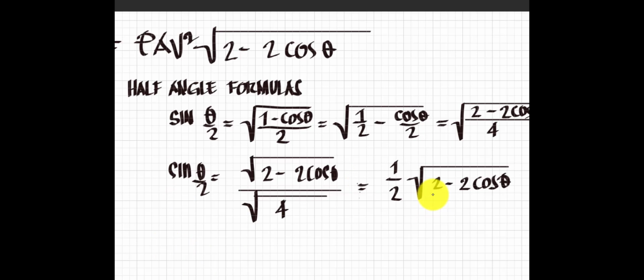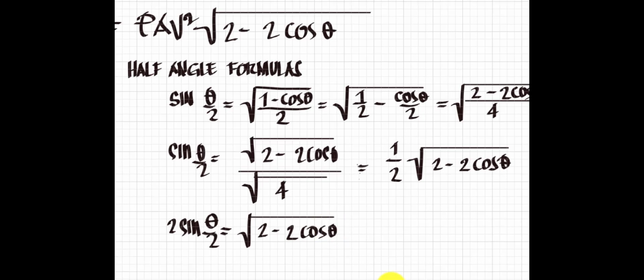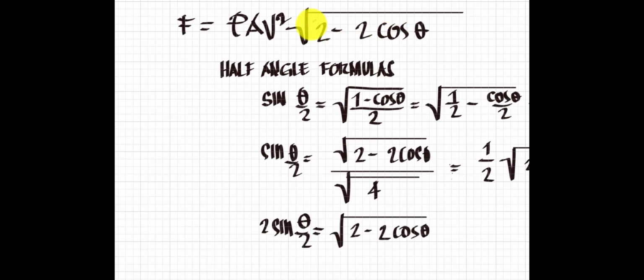So we can write now as 2 sine of theta over 2. So that is equal to the square root of 2 minus 2 cosine of theta. So from here, we can replace now this part of the equation by this.